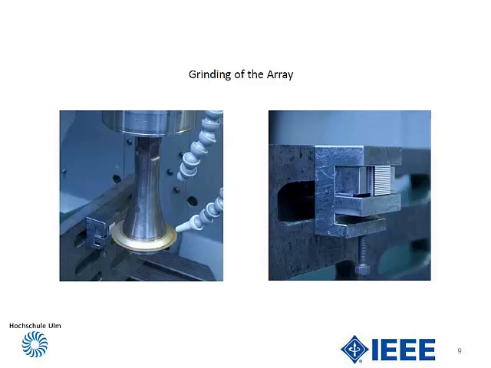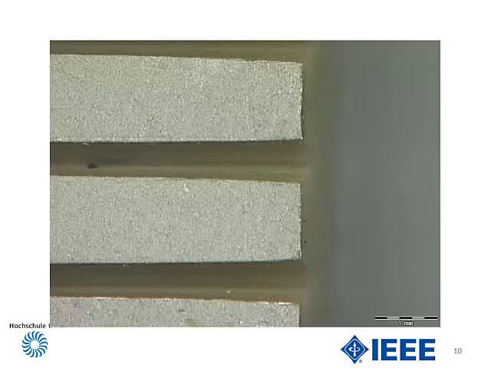The picture on the left side shows the grinding wheel with a thickness of 0.1 millimeter, and we made a lot of experiments with respect to direction of rotation, rotation speed and speed of the feed in order to minimize the wear of the grinding wheel. On the right side you see the ready array. And here you have a microscopic view of the structure in the piezoceramic material.